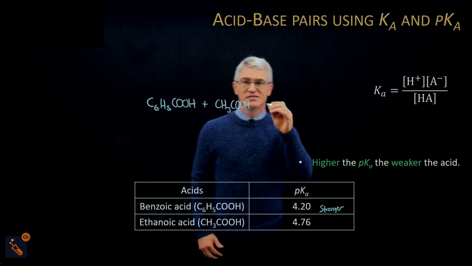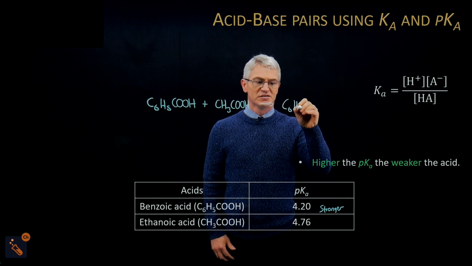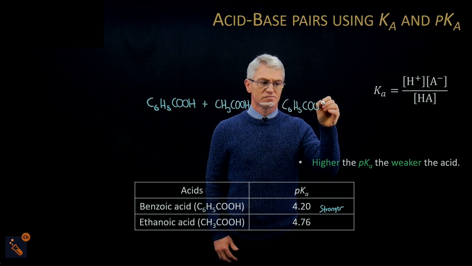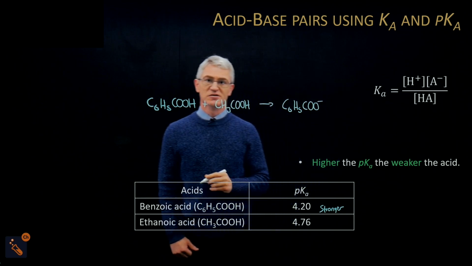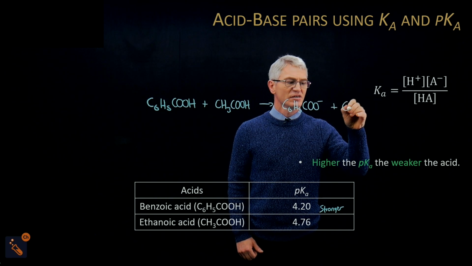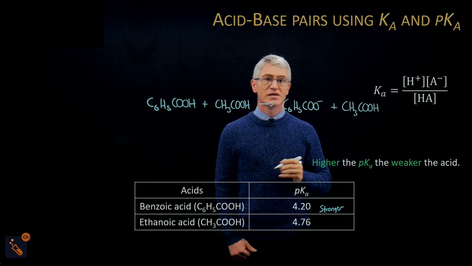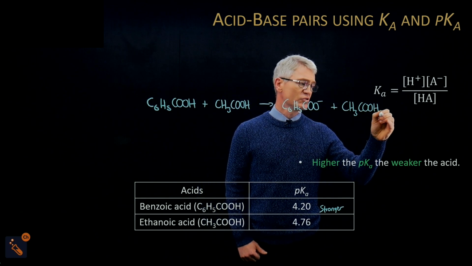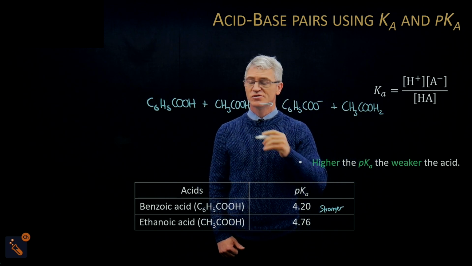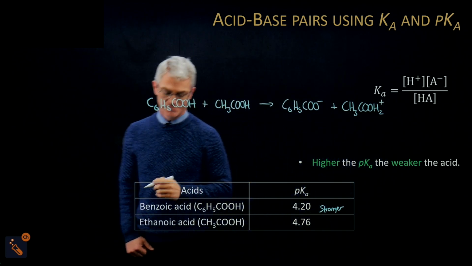So we make this donate a proton. That proton is then going to be added on to this. So I'm going to put 2. And if I add a proton on, it's a plus. So I have to put a plus on the end there.